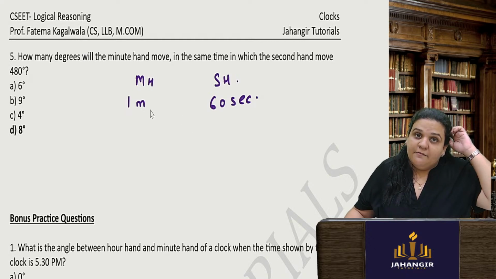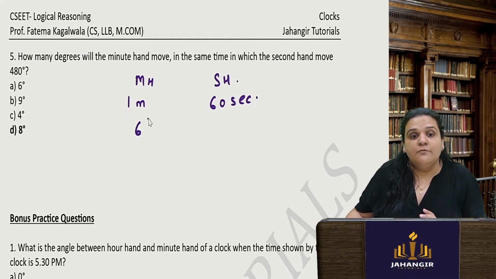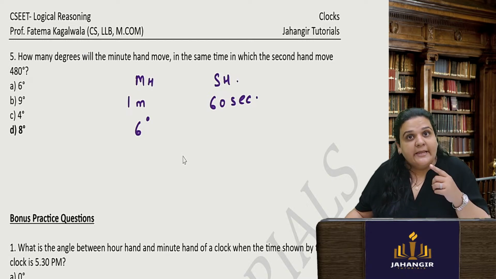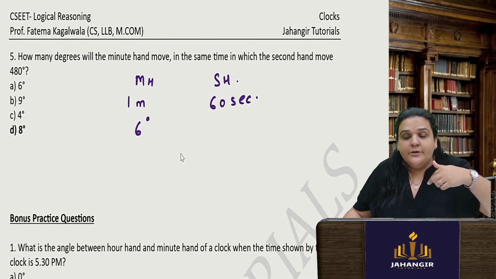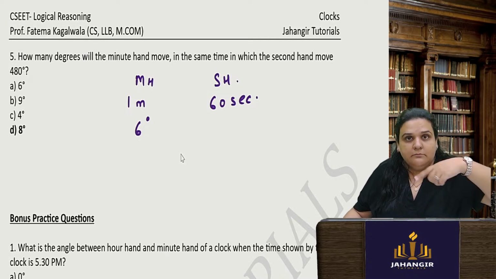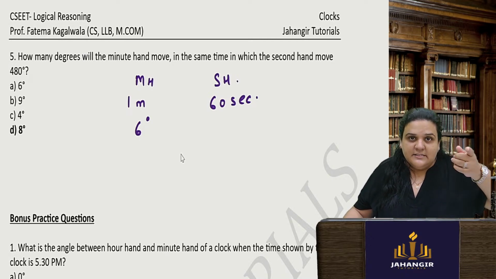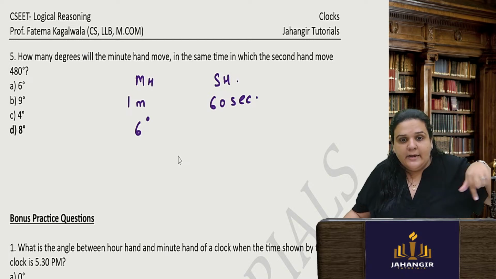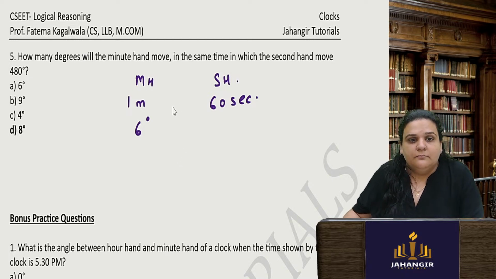In 1 minute the minute hand moves 6 degrees, but the second hand is going to complete the entire circle, correct? So 6 into 60, 360.